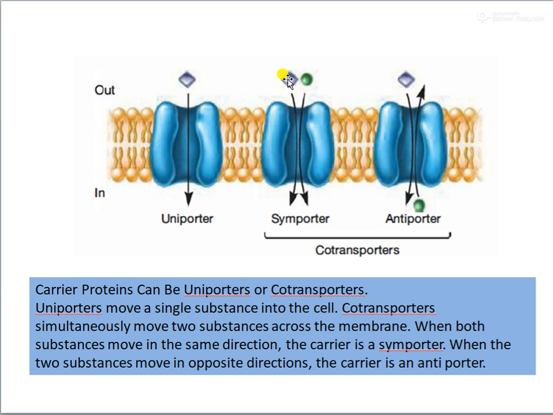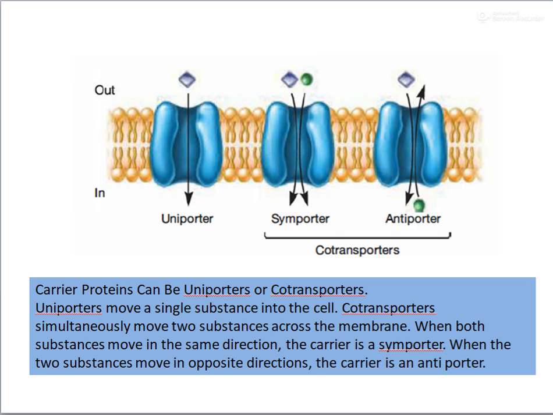The other substance which is getting transported would most probably be the ion gradient. If the ion and the substance to be transferred are moving in the same direction, it is called a symporter. And if they are moving in opposite directions, it is called an antiporter. So hope you understood what is a secondary active transport.